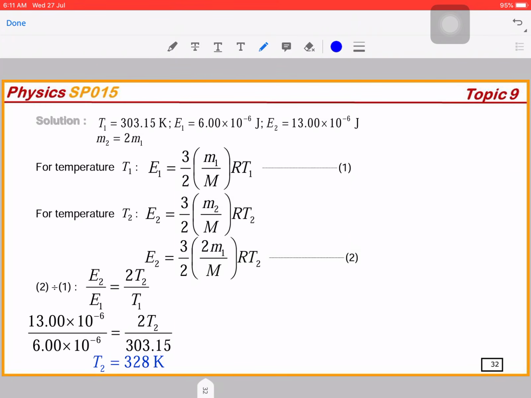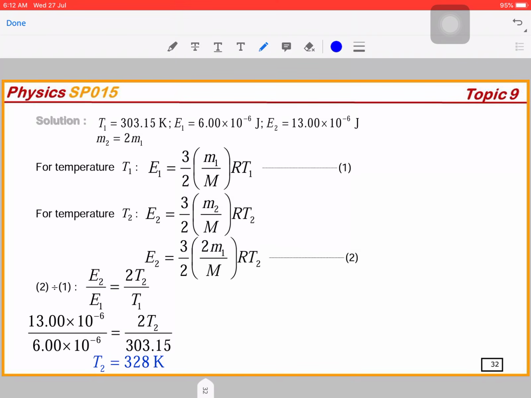So, substitute the values. For temperature T1, you will have E1 is equal to 3 over 2 m1 over M RT1. And then for T2, E2 is equal to 3 over 2 m2 over M RT2.